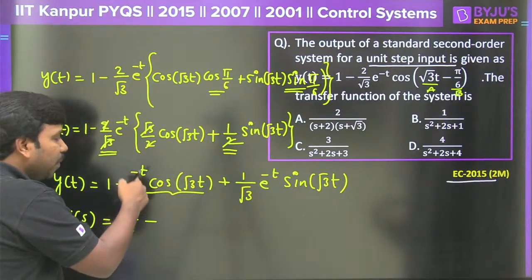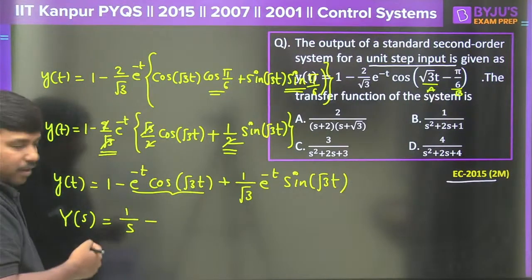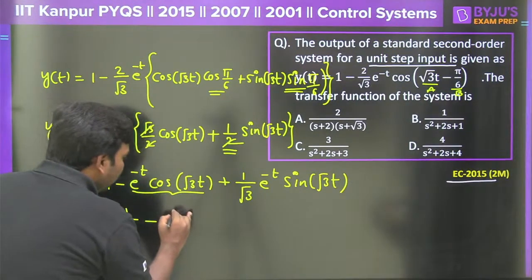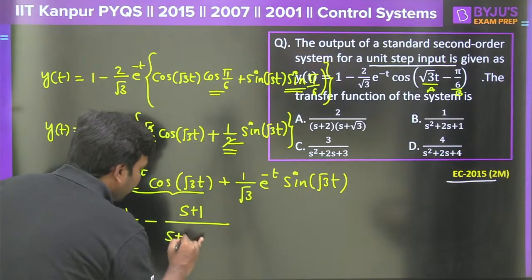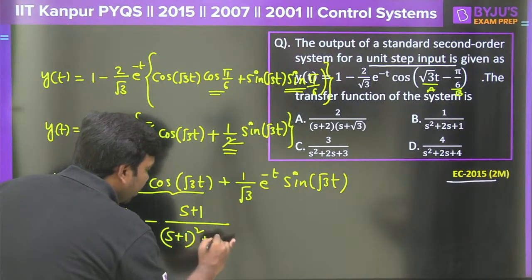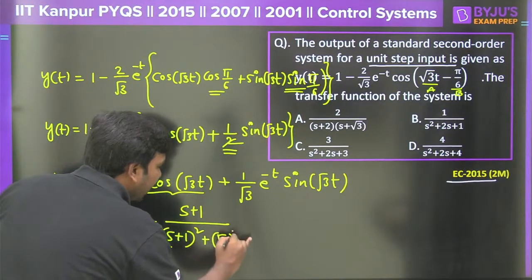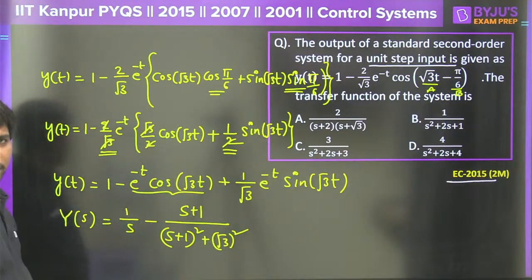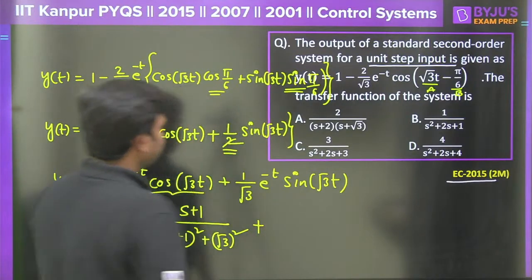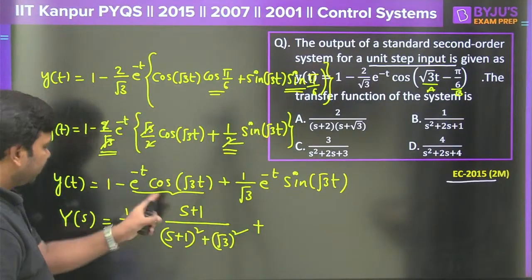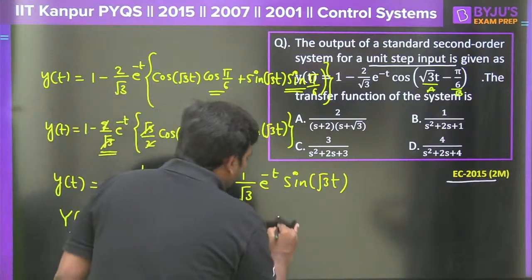It is like e power minus a t into cos omega t. So it will be s plus 1 over s plus 1 whole square plus root 3 whole square, because e power minus 1 t is there. That is exactly what you are supposed to get here. Easy, right? And then plus the additional term, again with 1 by root 3 here.